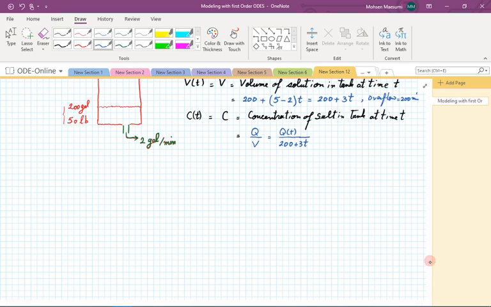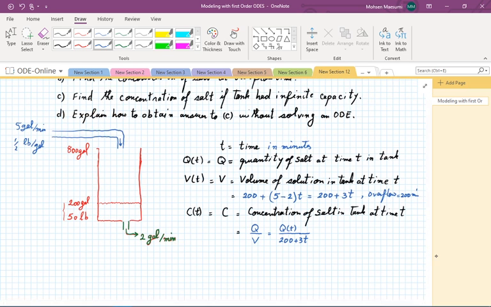Now the question is, how does this relate to a differential equation? That's the amazing part of it, and that's, as we said, the selling point of differential equations. So we are going to concentrate on what's happening to the main character, Q.